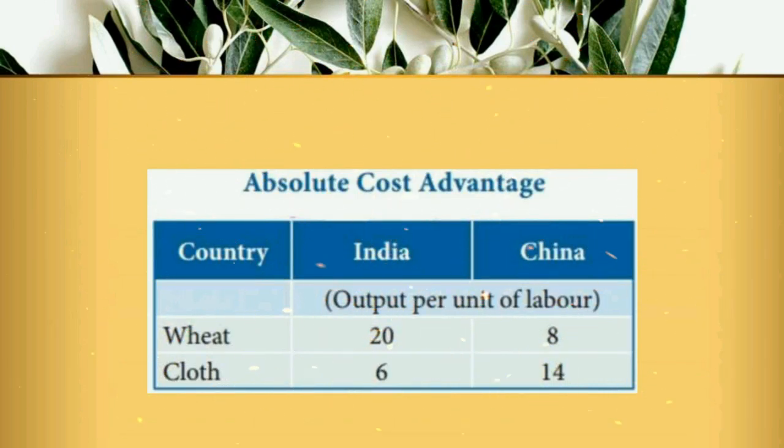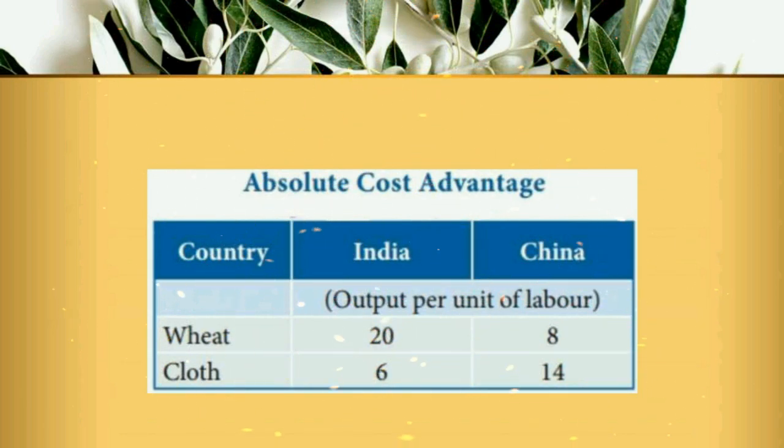In this table we have two countries, India and China, and two commodities, wheat and cloth. India is able to produce 20 units of output per unit of labor of wheat and 6 units of output per unit of labor of cloth.